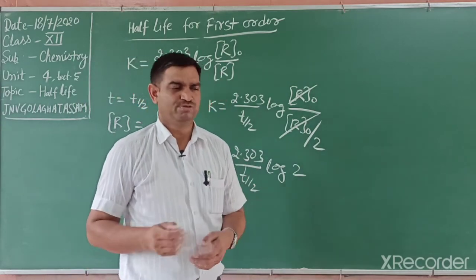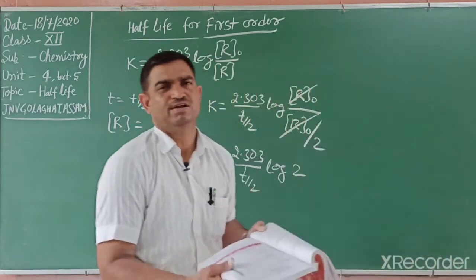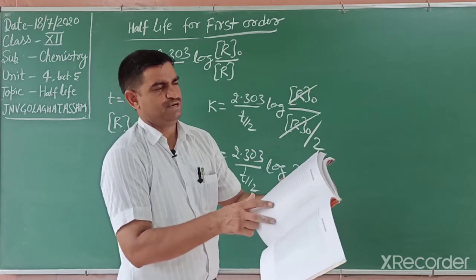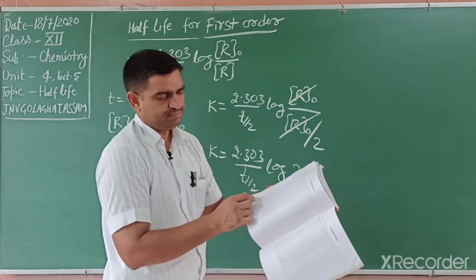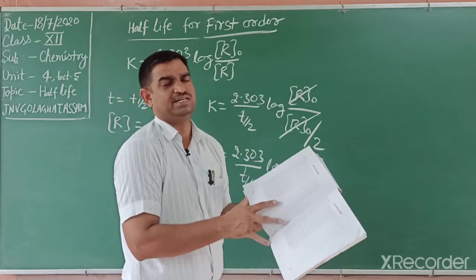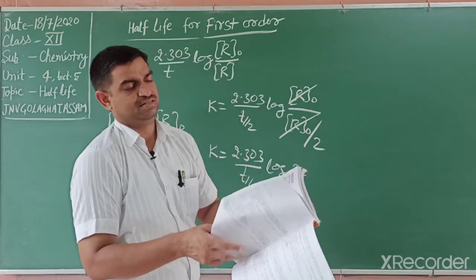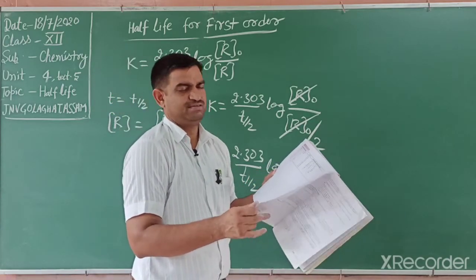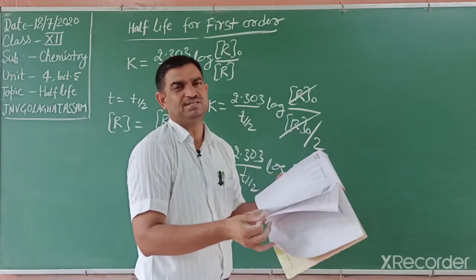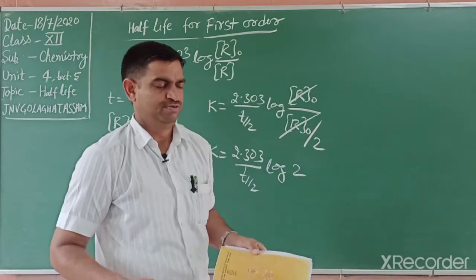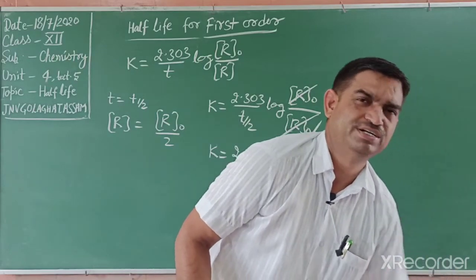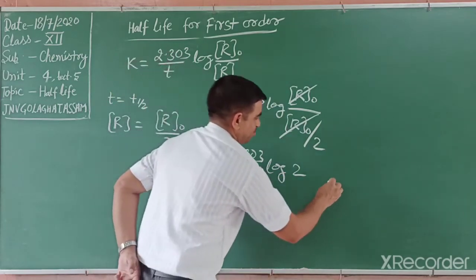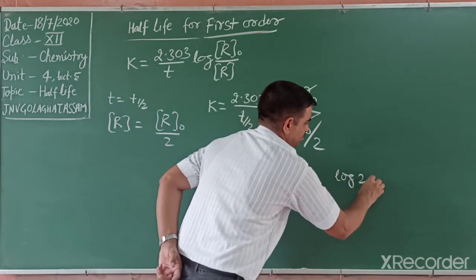In your NCERT book, a log table is given at page numbers 270 and 271, and rules are also given. So thoroughly study these rules, they are very important. If you study two to three times, then you can easily identify its characteristic, mantissa, and the log value.